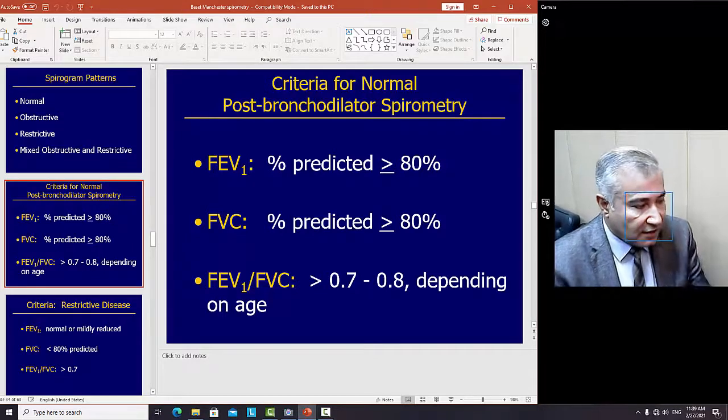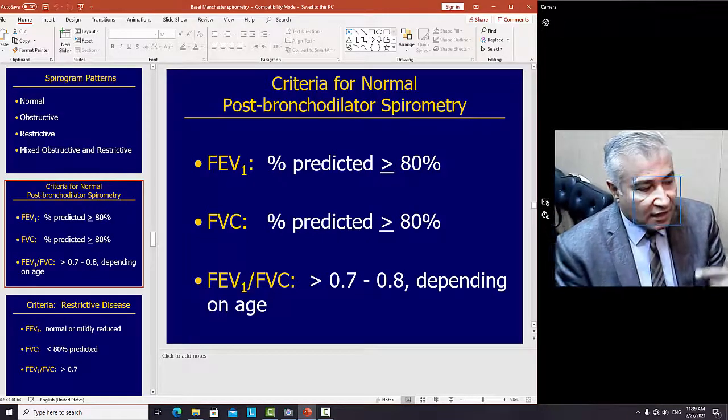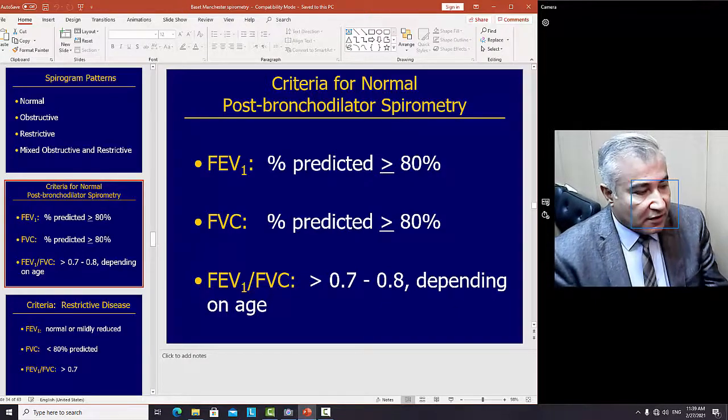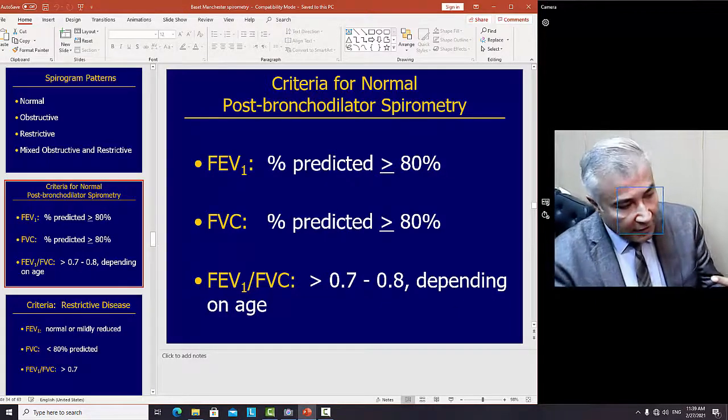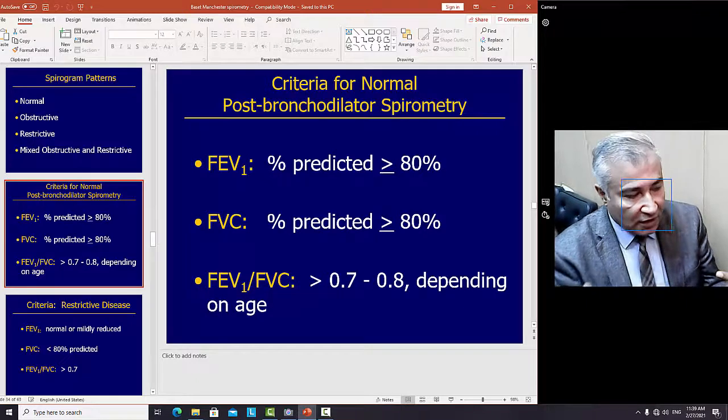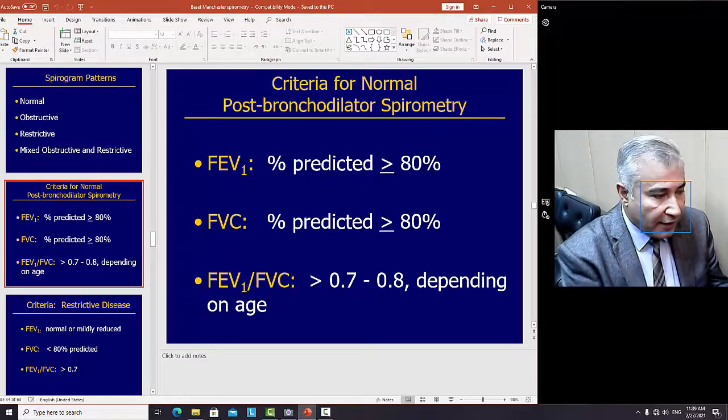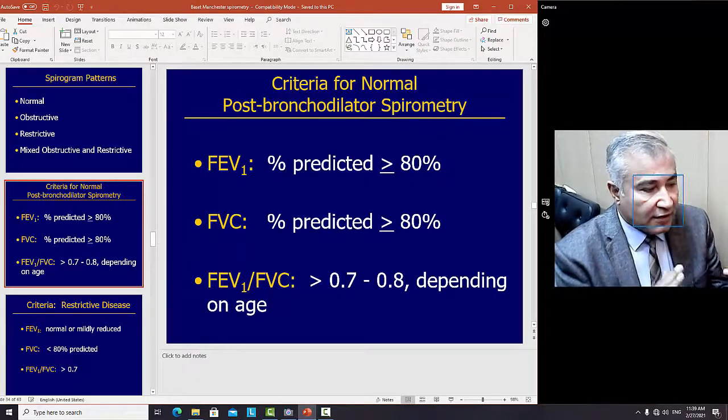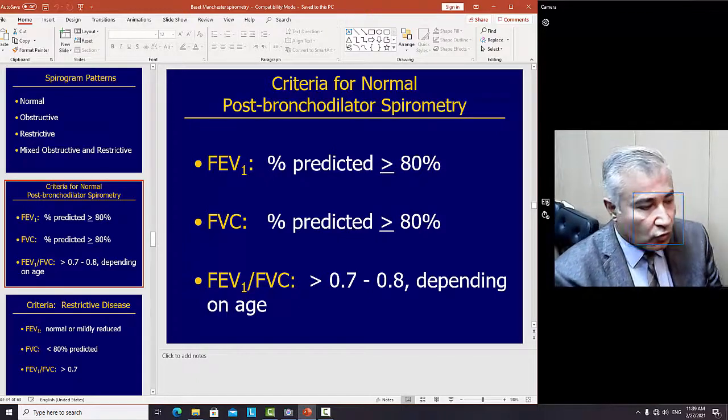What is the next index? Forced vital capacity percent: it is above or equal to 80, or below 80. FEV1 predicted: above or equal to 80, or below 80.